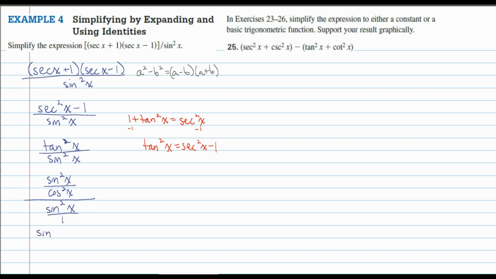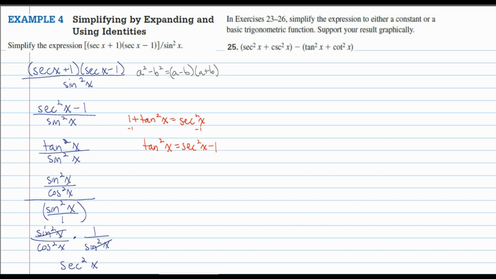So I'll have sine squared of x over cosine squared of x. Now instead of divided by sine squared, I'm going to multiply by 1 over sine squared of x. So the sine squared of x cancels out, and I have 1 over cosine squared, which is in fact secant squared of x.